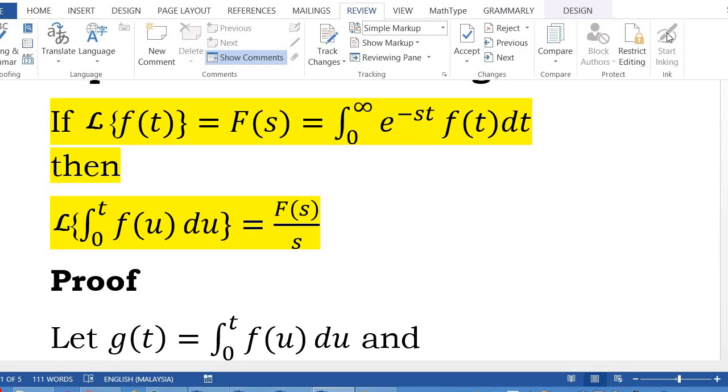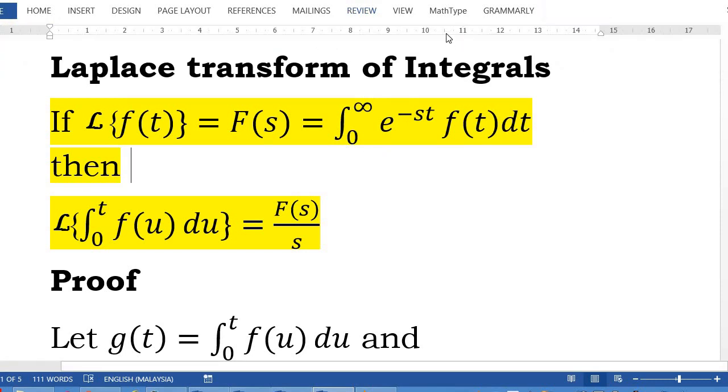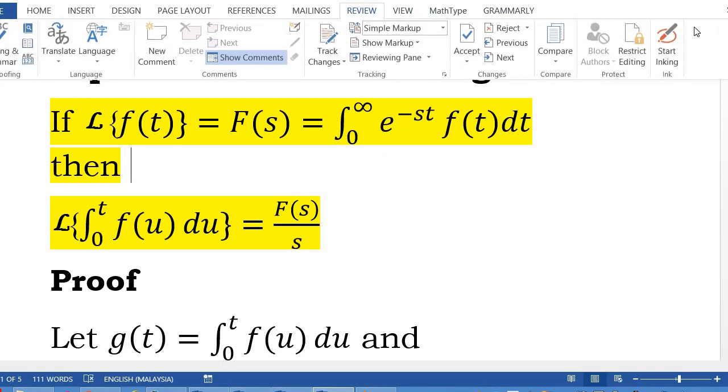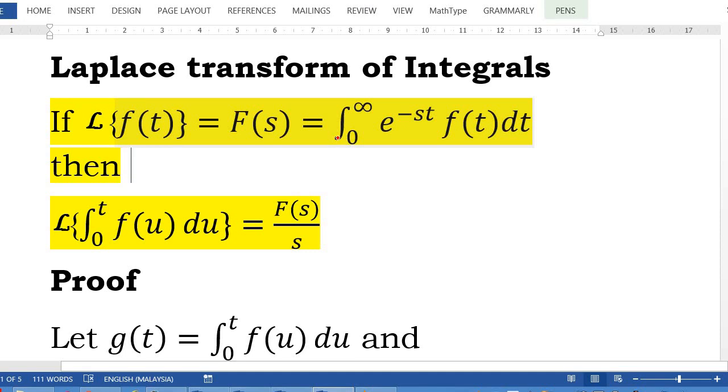If the Laplace transform for f(t) is equal to F(s), which by definition is the integral of e to the negative st f(t) dt from 0 to infinity, then the Laplace transform of integrals, here in the integral form, instead of what you learned in the previous lecture, the derivative, division by t or multiplying by t^n property.